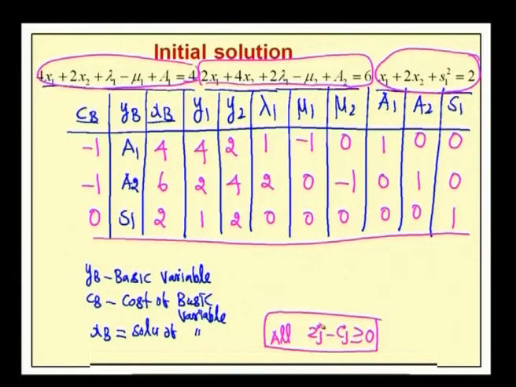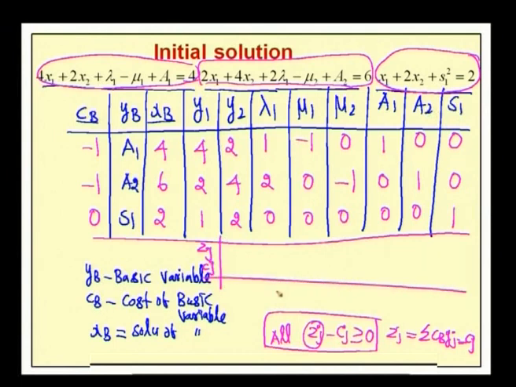So, for this simplex table, first we have to check whether all Zj minus Cj values are greater than or equal to 0. Zj is summation CBi yij, then Zj minus Cj is summation CBi yij minus Cj. So, for this table first we have to compute the Zj value, then the Cj value, then Zj minus Cj.